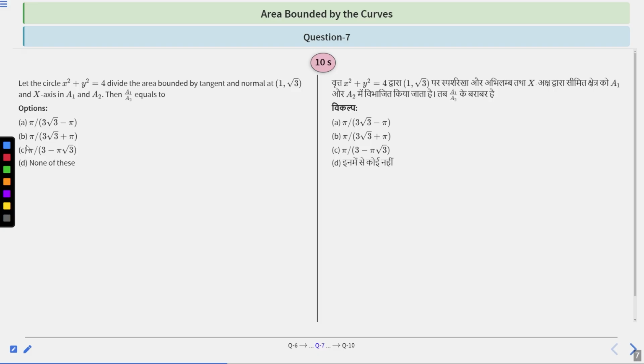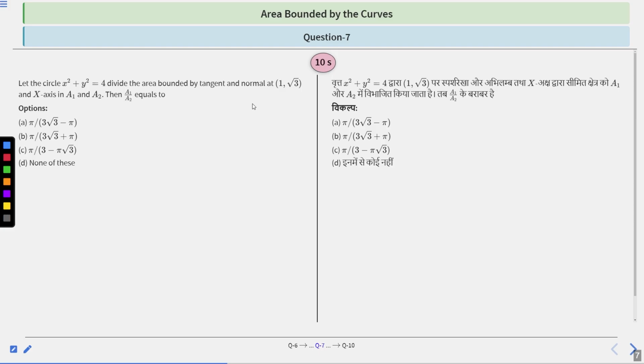So see, the hint of this question is we have a circle having center as (0, 0) and radius 2 units, and basically this circle divides the area bounded by tangent and normal at (1, root 3) and the x-axis into two divided areas, A1 and A2, and we basically have to find A1 upon A2, right?